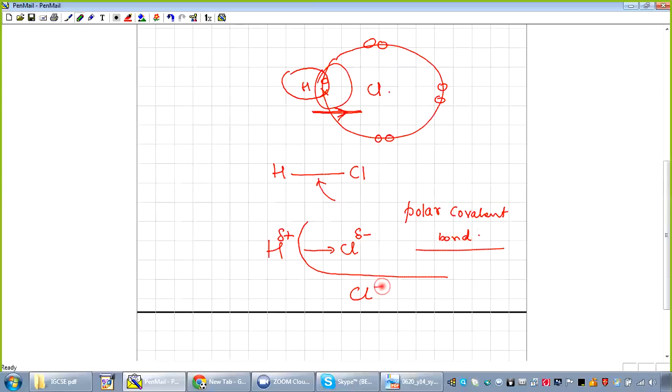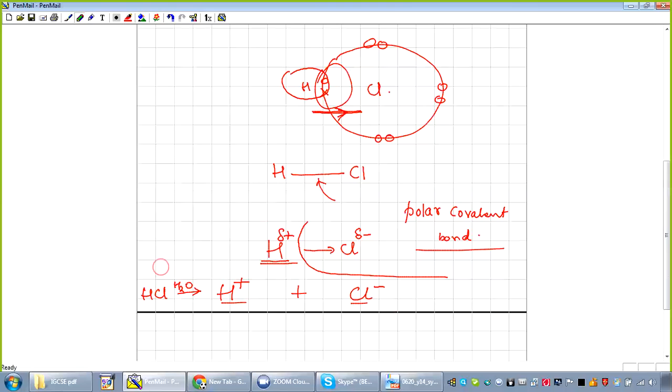Because that electron of hydrogen is with chlorine, it is going to develop a complete negative charge, that is, the chloride ion, Cl minus. Similarly, hydrogen has lost its electron after dissolving in water, so hydrogen is going to develop the positive charge, written as H plus. So HCl, after being dissolved in water, forms H plus ions and Cl minus ions.